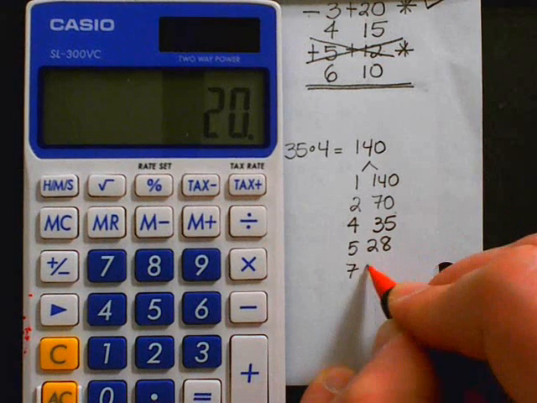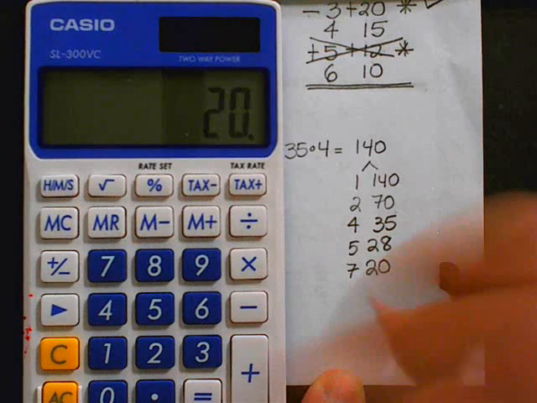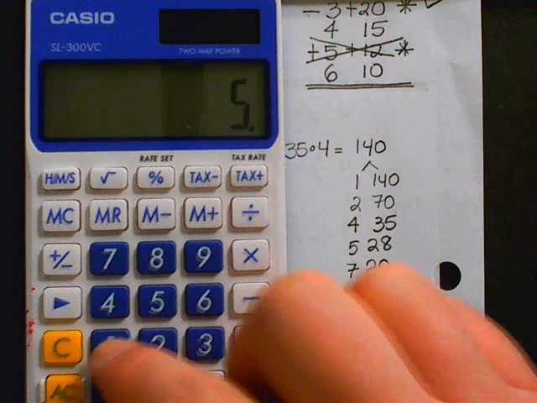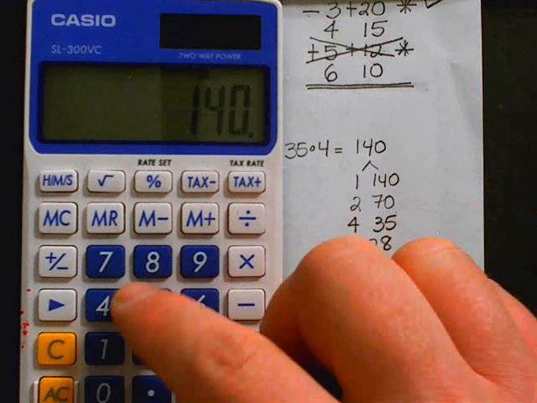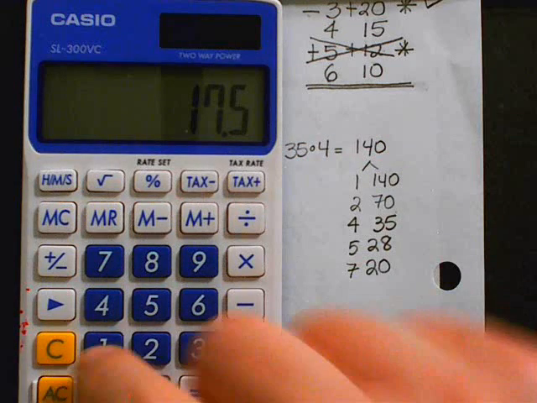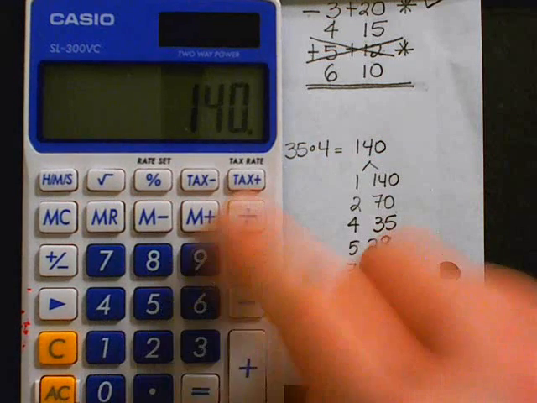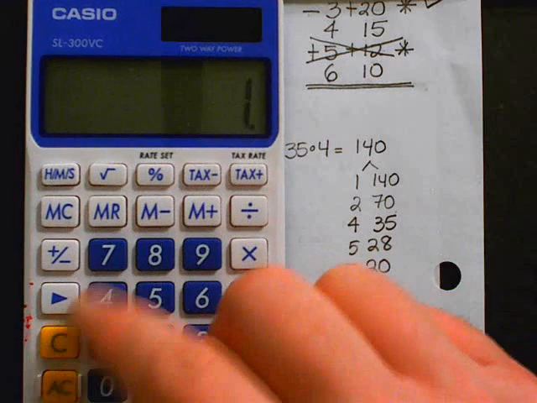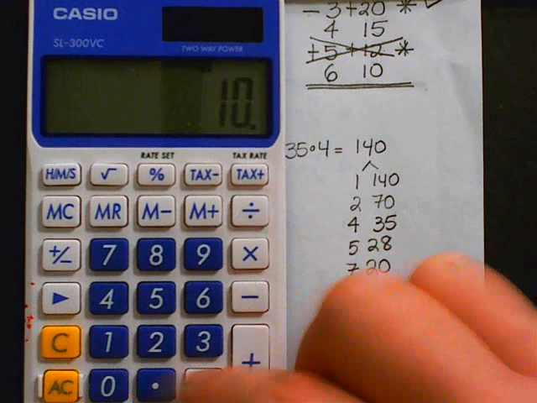And 140 divided by 8 is 17.5, so it doesn't work. 140 divided by 9 is 15.5, doesn't work. 140 divided by 10 is 14.